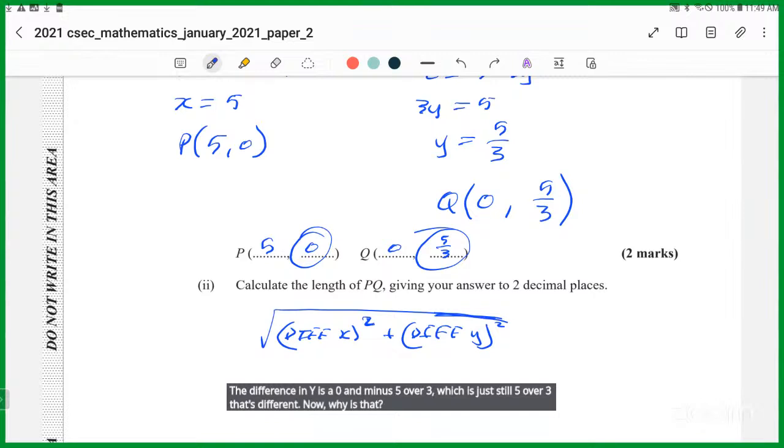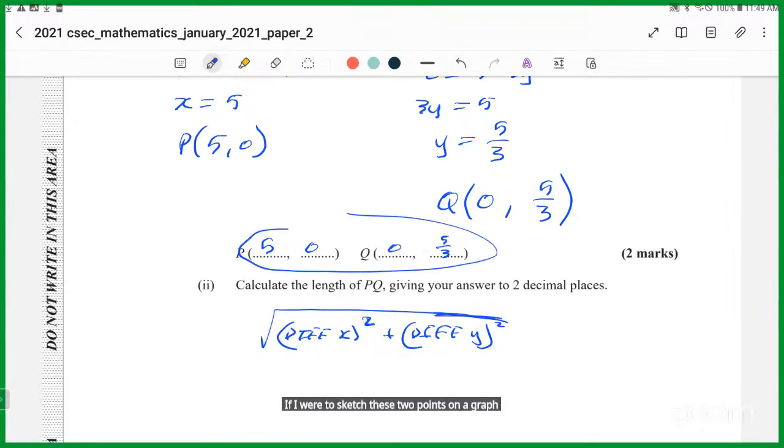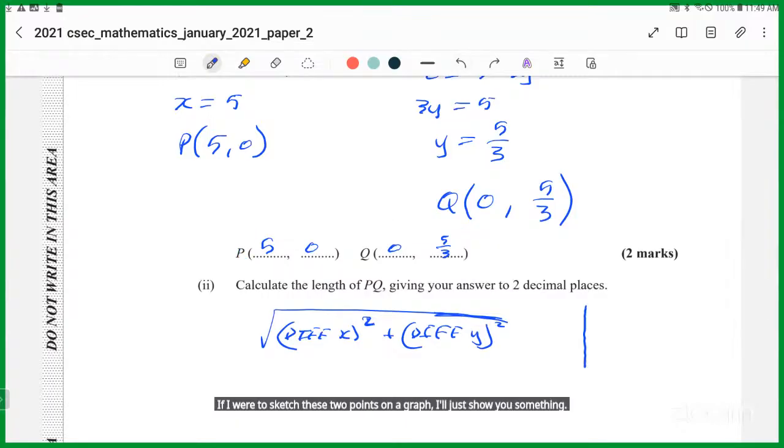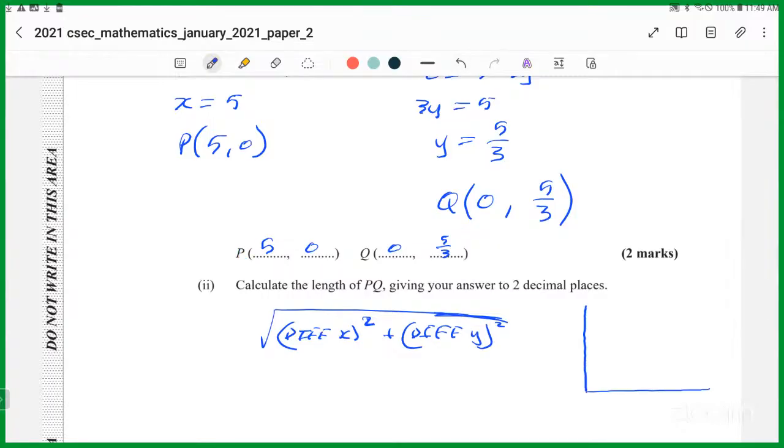You can look at it this way. If I were to sketch these 2 points on a graph, I should show you something. The point Q is on the y-axis up here, and the point P is on the x-axis out here. And we're talking about this line, the line that we're trying to find.